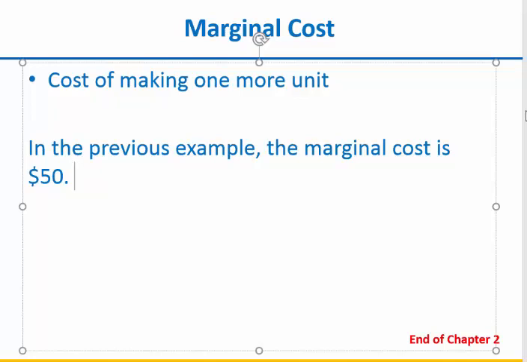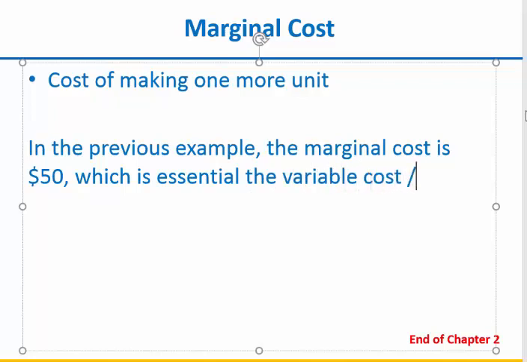So even if you manufacture an additional 5 units or 10 units, the fixed cost might still remain constant. If that's the case, then you only have to deal with the variable cost. So in this case, the cost of making one more unit is $50, which is essentially the variable cost per unit.